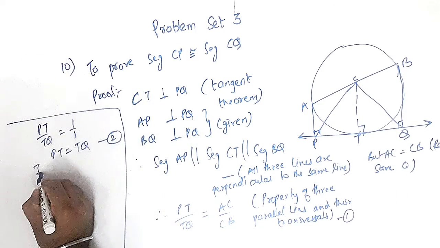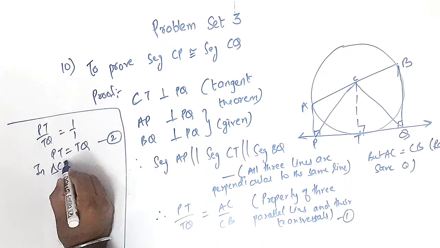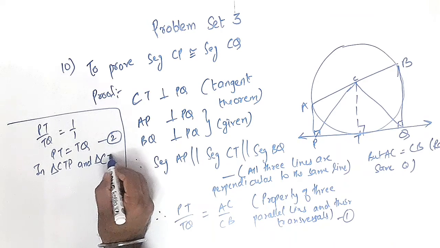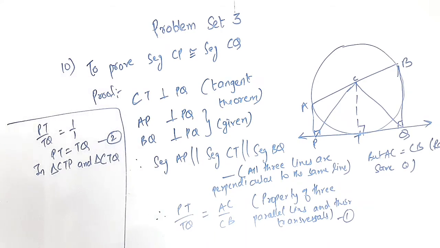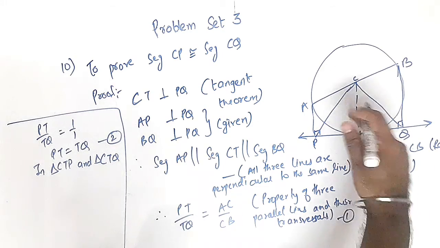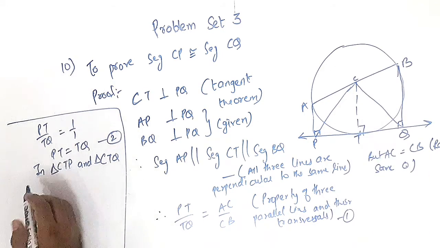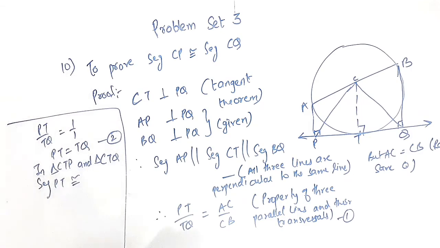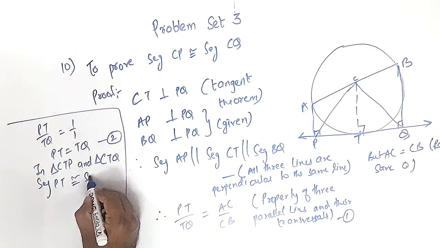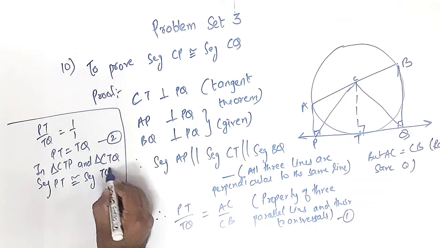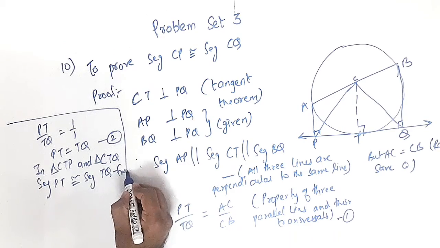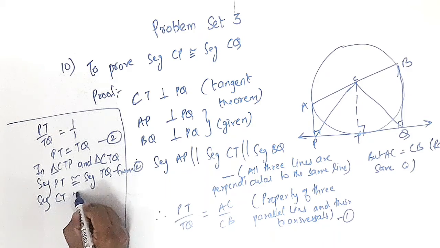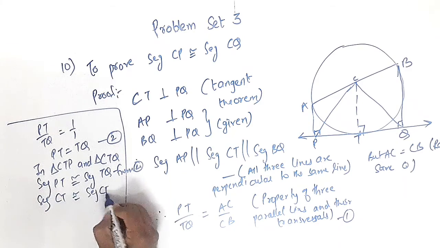Now I'll take in triangle CTP and triangle CTQ. First point I'll take this seg PT is congruent to seg TQ. This is from the previous result. Then you have seg CT congruent seg CT.